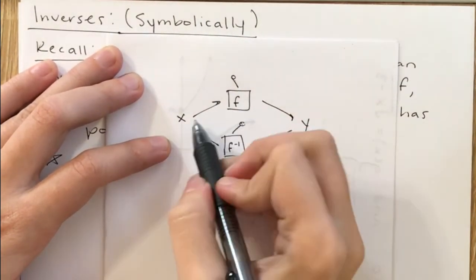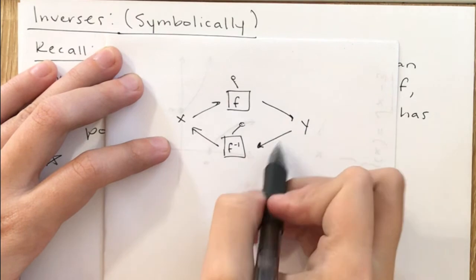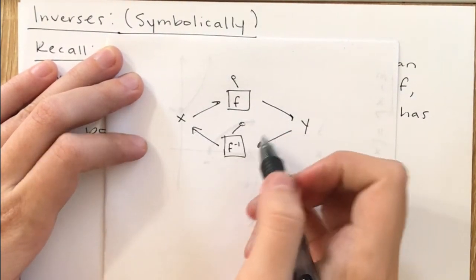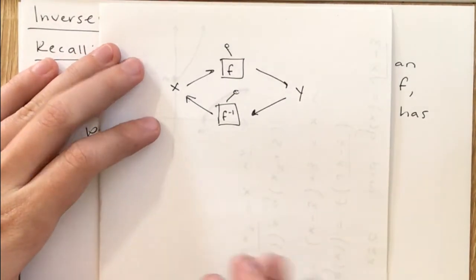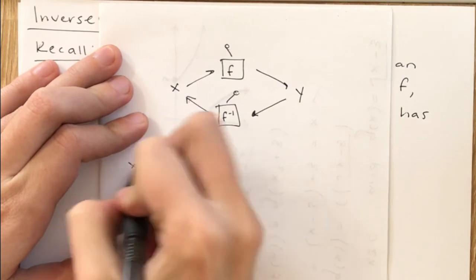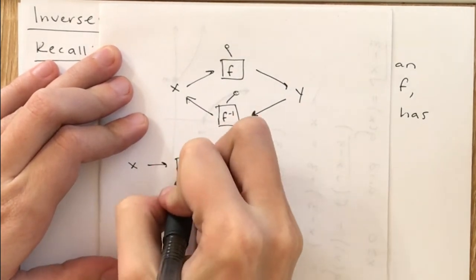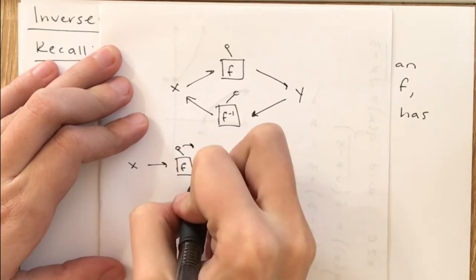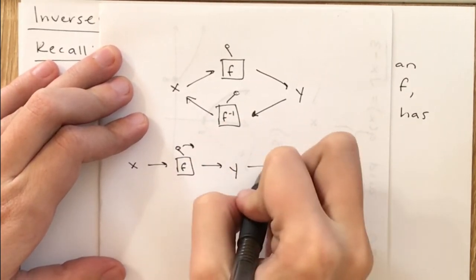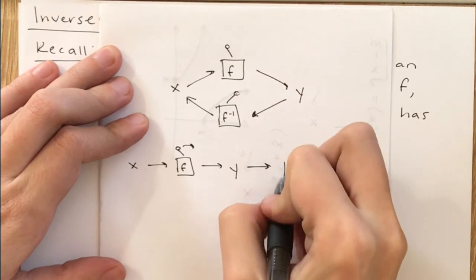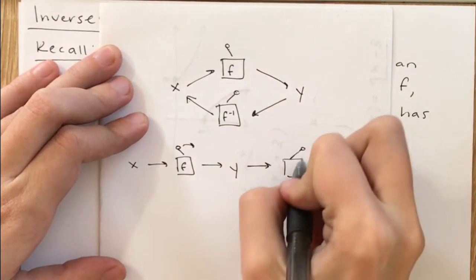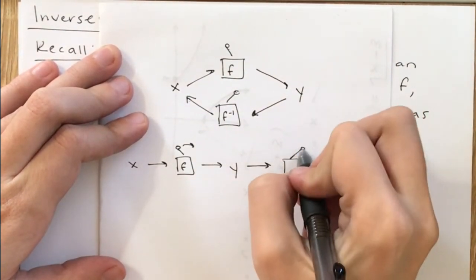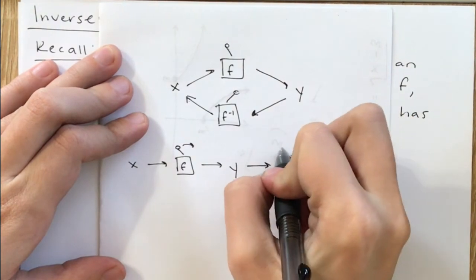So we actually end up having a nice sort of loop here. And we can think about this in terms of composition, right? Remember, composition is where we plug the output of a function in for the input of another function.